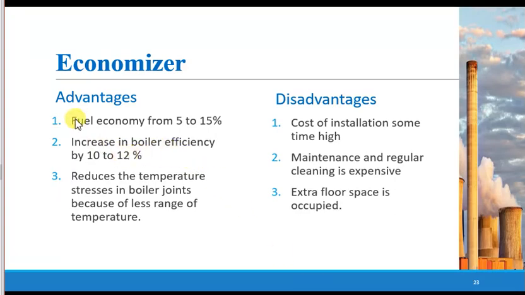The main advantage of the economizer is fuel economy from 5 to 15%. Similarly, an increase in the boiler efficiency by 10 to 12%. So the two advantages: one is the economy, I mean decreasing the fuel, and the other is increasing the efficiency of the boiler.